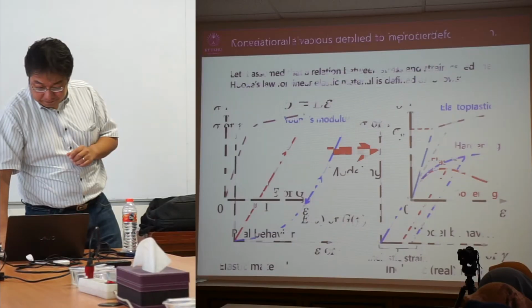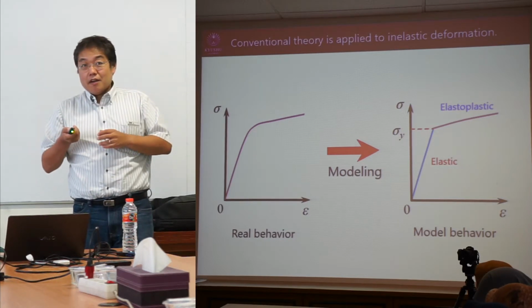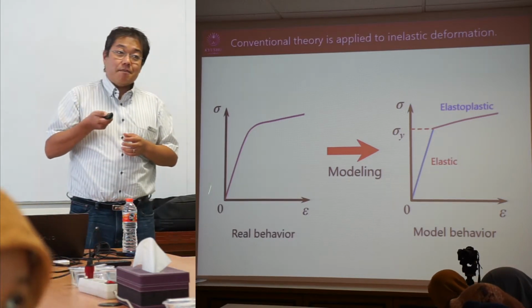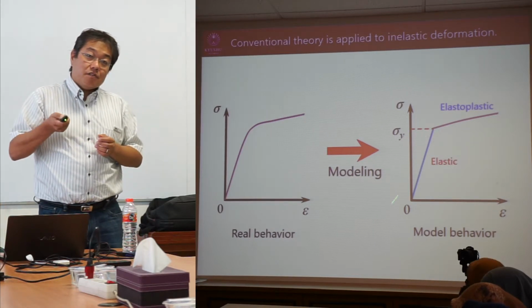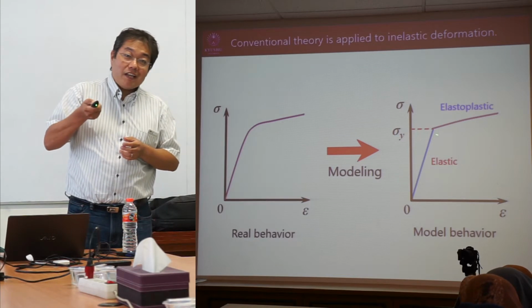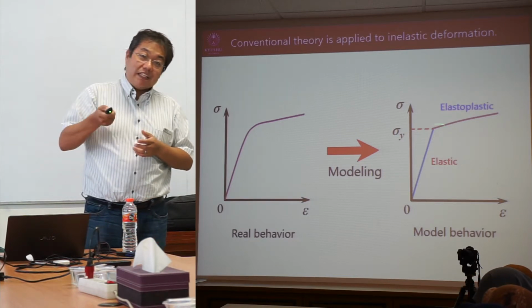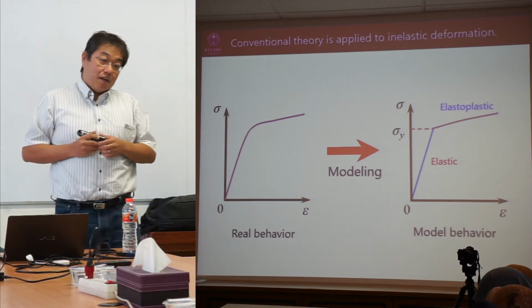So you have to carefully check. So first of all, we model this type of deformation, but this part is a little bit complicated. So I simplified this property, elastic and elastoplastic, or inelastic, into two parts. So this is one of the models.